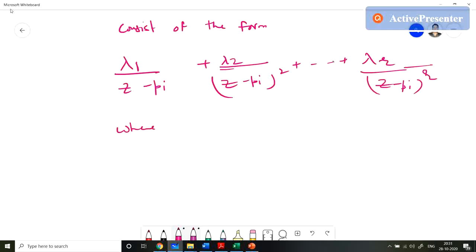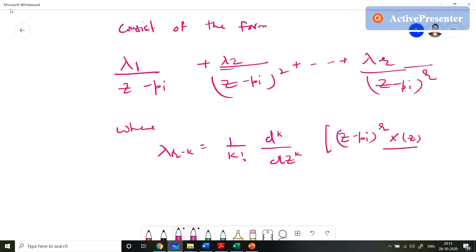So what is lambda (r minus k)? Lambda (r minus k) is 1 divided by k factorial, d raised to the power k divided by dz raised to the power k, of (z minus pi) raised to the power r times X(z) divided by z, and we put the value z equals pi in the resulting equation.